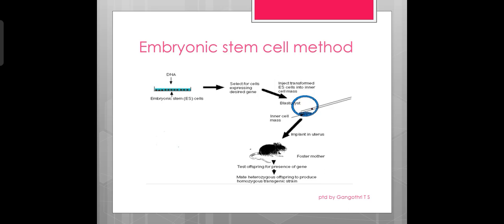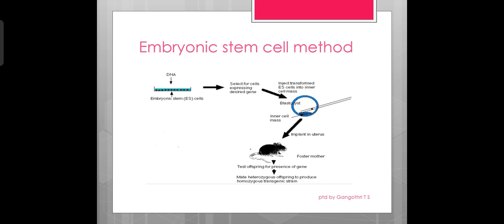Next we have the embryonic stem cell method. Transgenic animals can be created by manipulating embryonic stem cells. Here embryonic stem cells are obtained from the inner cell mass of a blastocyst.